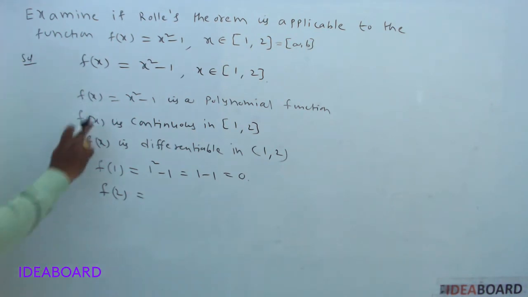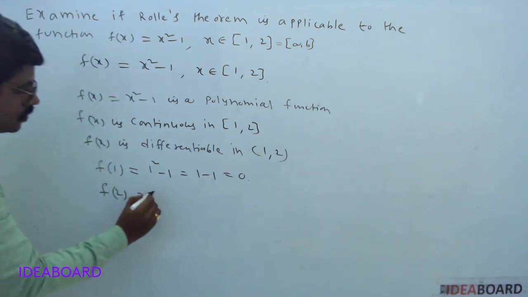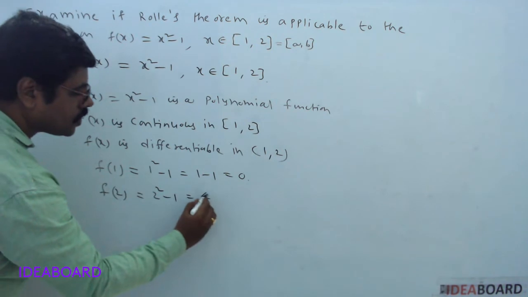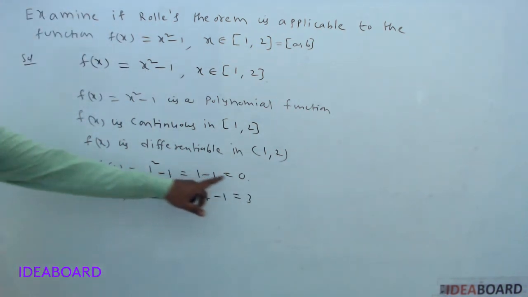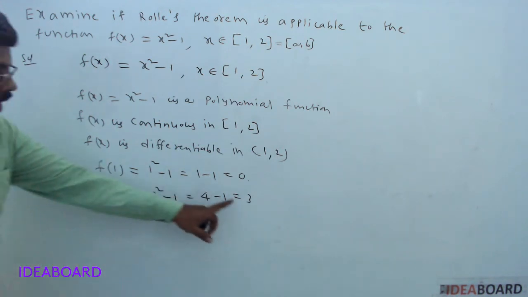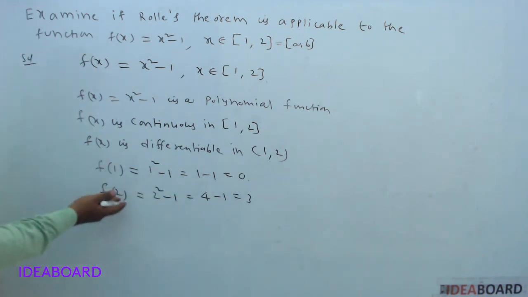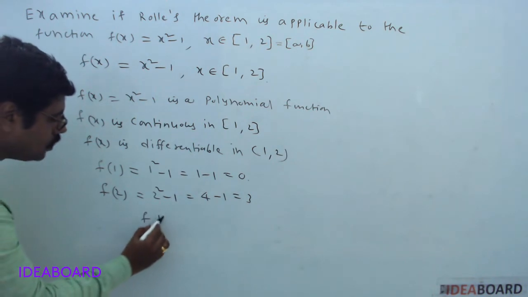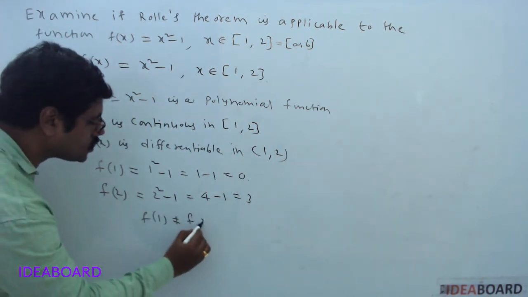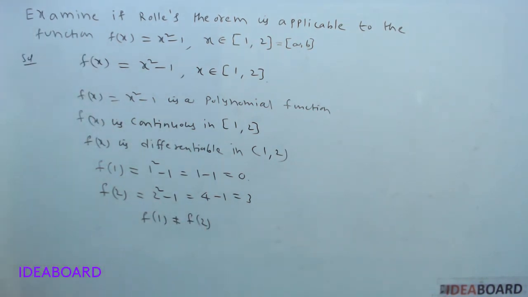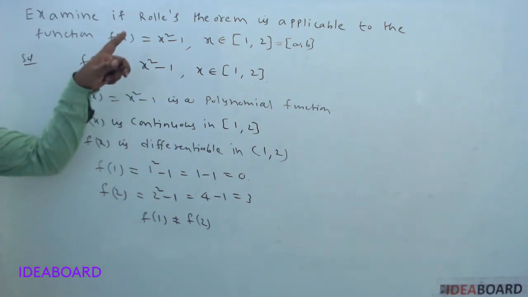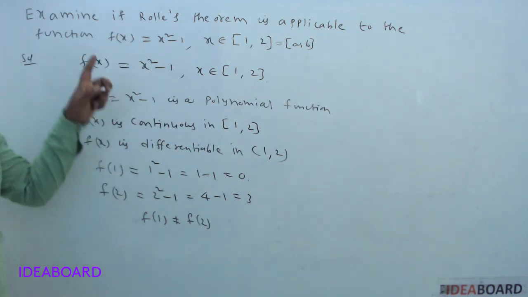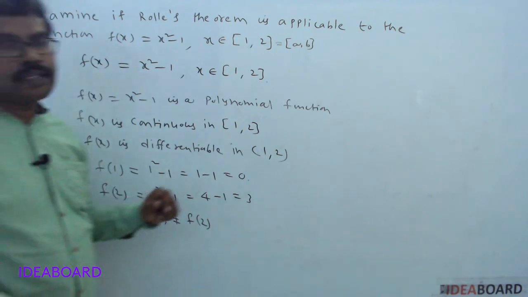In this function f of x, replace x with 2, that is 2 square minus 1, 4 minus 1, 3. F of 1 value 0, f of 2 value 3. Clearly these two are different. So f of 1 is not equal to f of 2. Here the third condition fails in Rolle's theorem. It means Rolle's theorem is not applicable to the given function f of x.